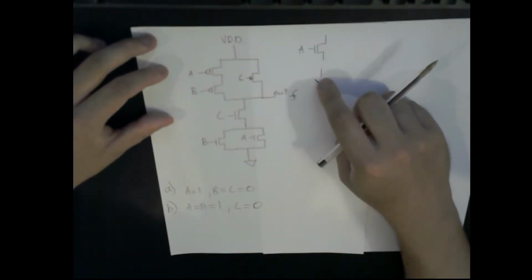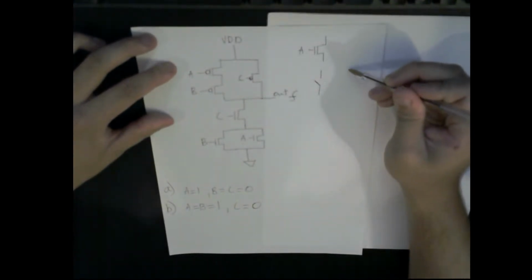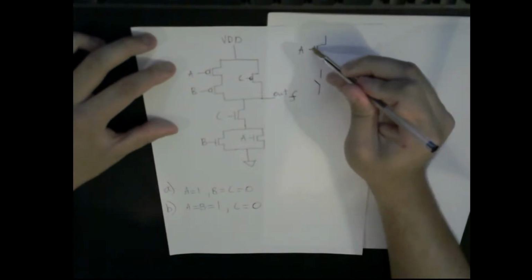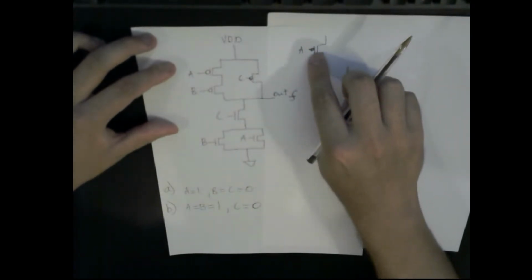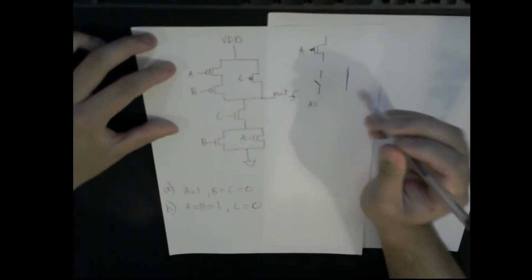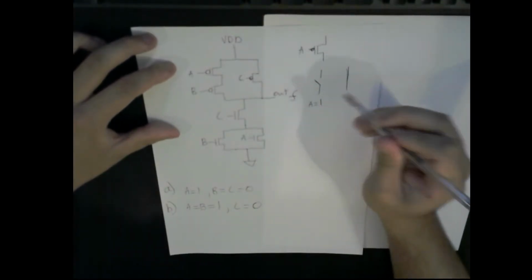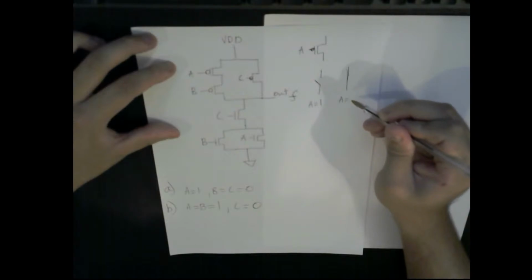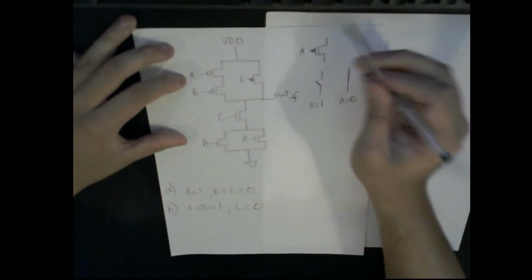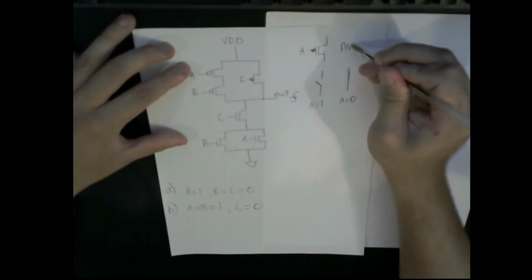And whenever A goes to 0, the switch closes, like this. This is the PMOS that I'm talking about. It has this inversion symbol right here. So when A is equal to 1, it's like an open, and when A is equal to 0, it's like a close.